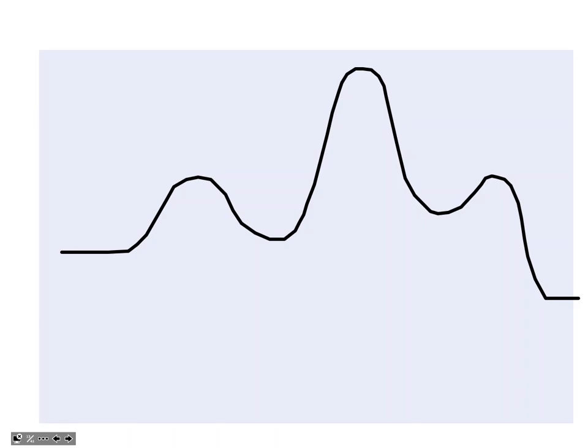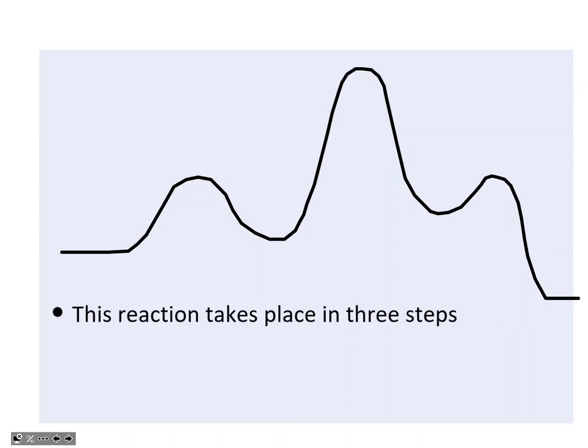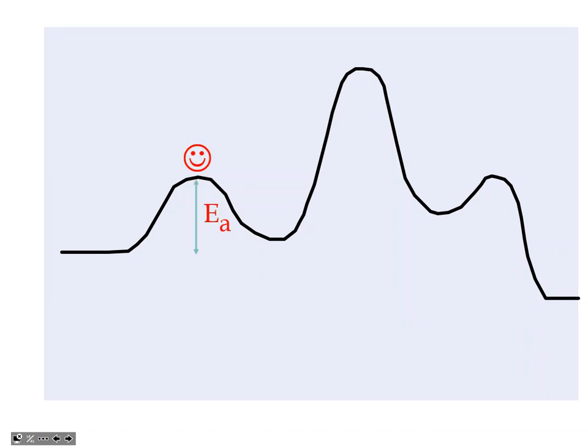So it looks something like that. Now, my question to you: this one's taking place in three steps, has three hills. We have the activation energy of the first step there. The second hill, that's going to be the activation energy of the second hill.